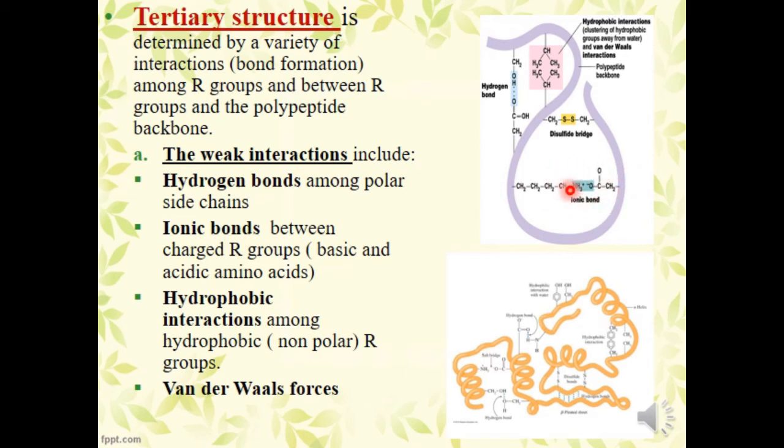We have hydrophobic interaction among the non-polar side chains. For example, let's say this is one amino acid which is non-polar, and this is another non-polar. The side chains here will form hydrophobic interaction. And also van der Waals. And this is an example of hydrogen bond, with side chains which are polar.